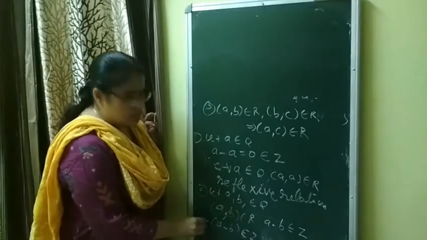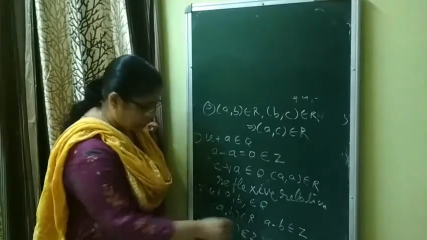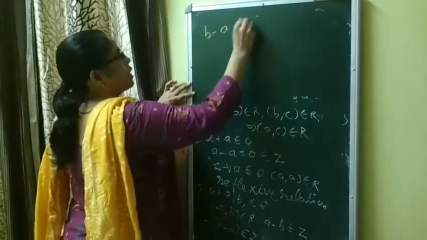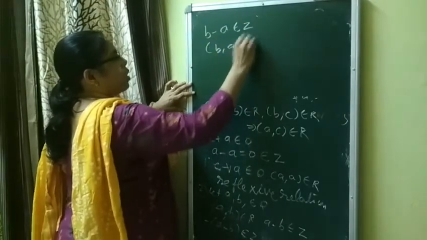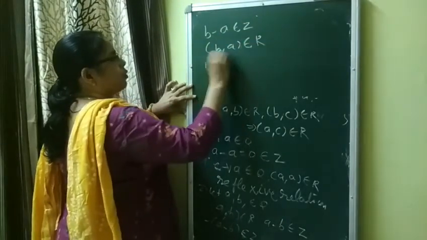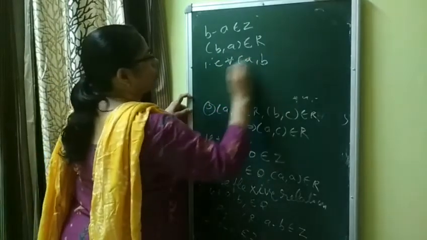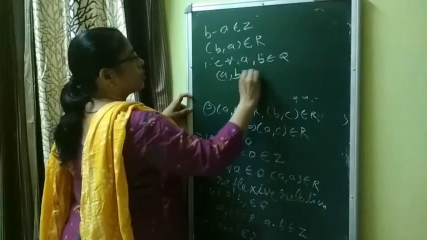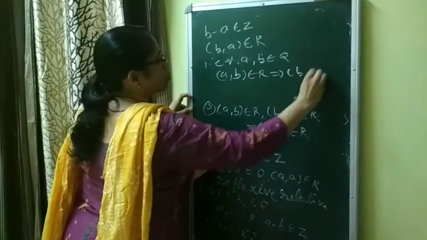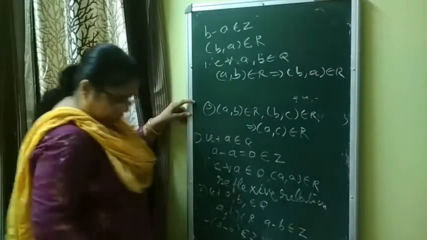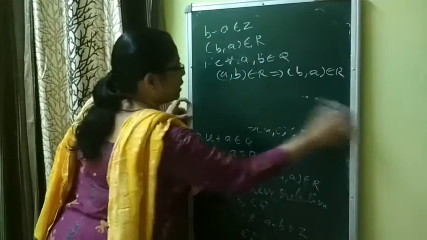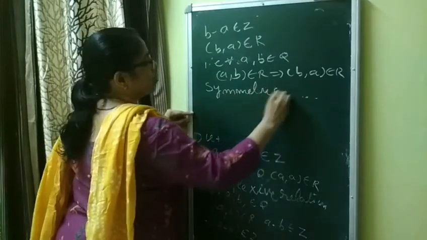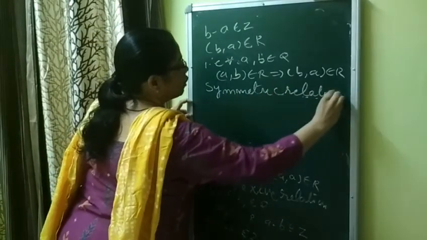That means if 2 belongs to Z, then minus 2 also belongs to Z, that is minus of a minus b belongs to Z. Minus of a minus b means b minus a belongs to Z, that means ba belongs to R. That is, for all a, b belongs to Q, ab belongs to R implies ba belongs to R. If ab is in R then ba is in R. This relation is called symmetric relation. Very important, symmetric relation.